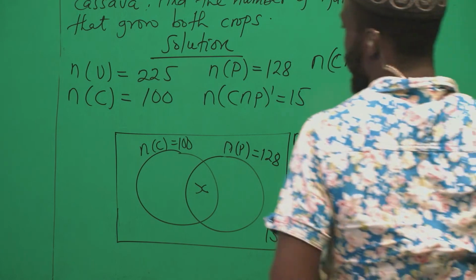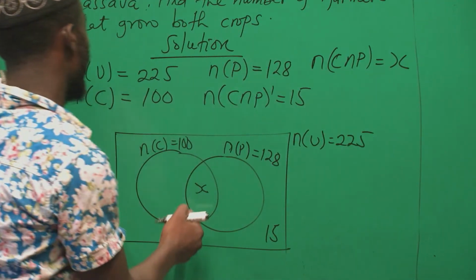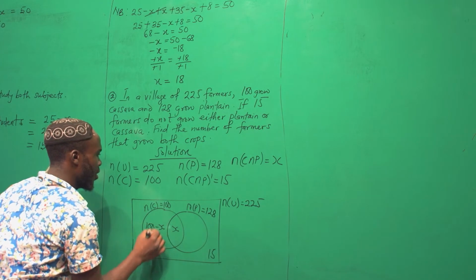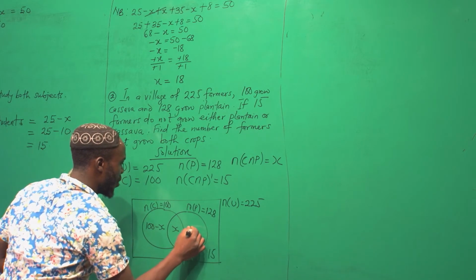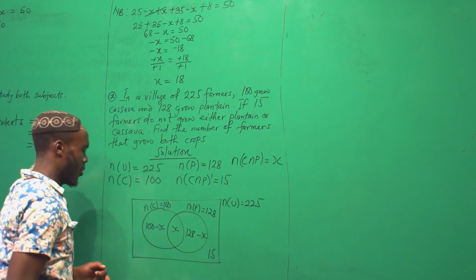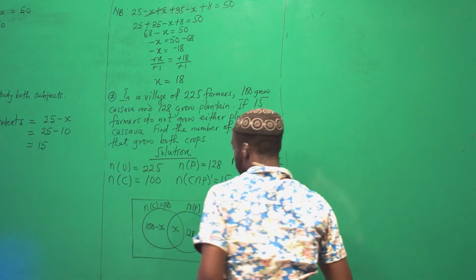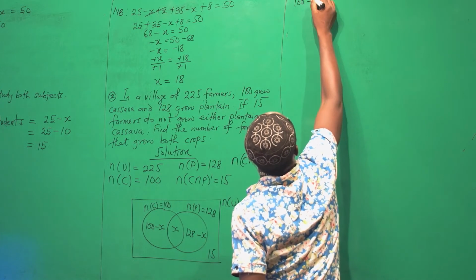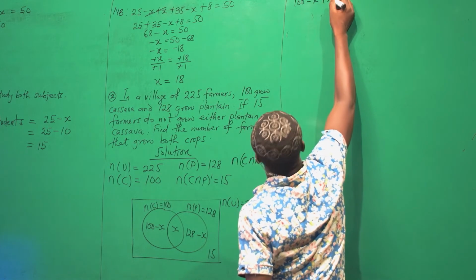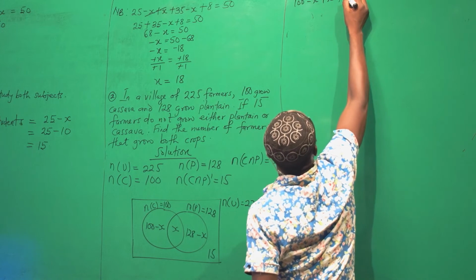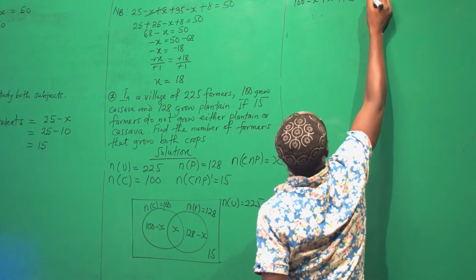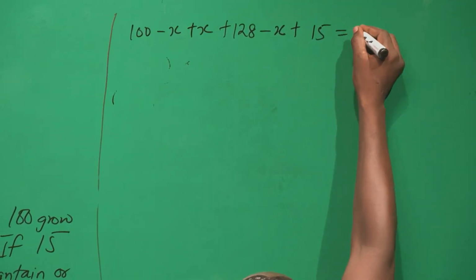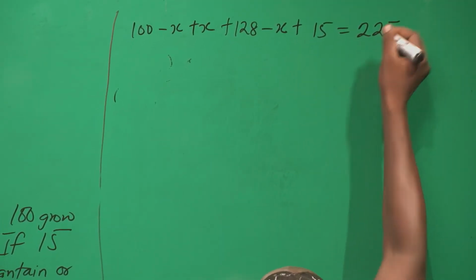Okay, so what we said is that when we want to solve, we always subtract the x from this. That is 100 minus x, and here will be 128 minus x. So let's solve. We have 100 minus x plus 128 minus x plus 15 is equal to 225.